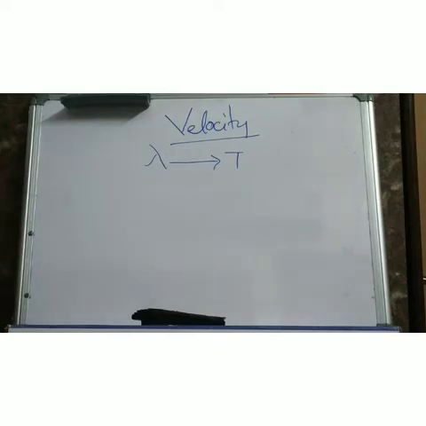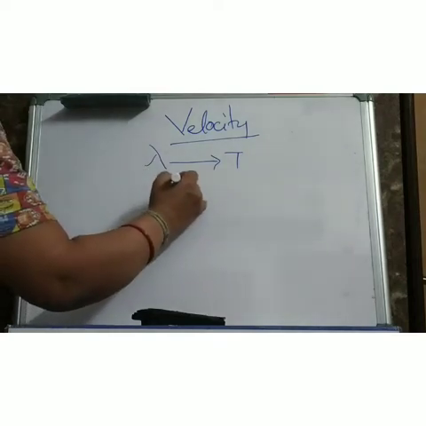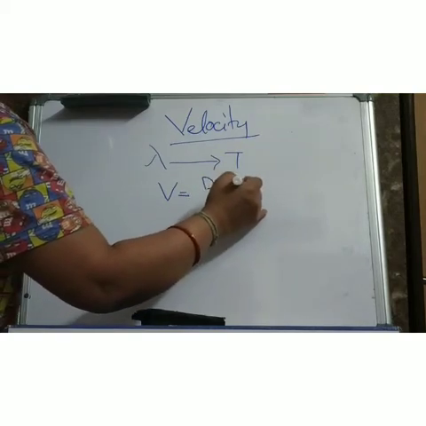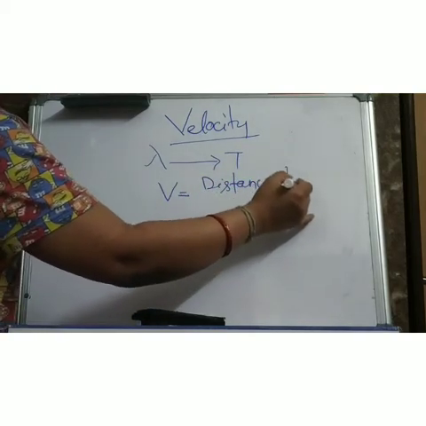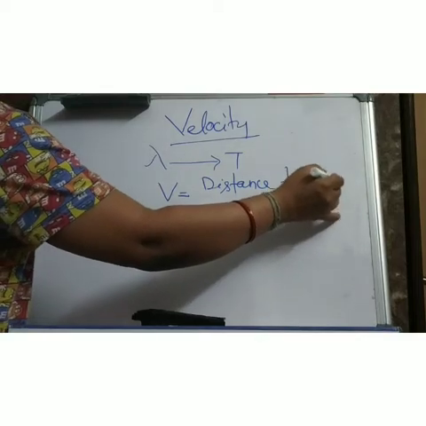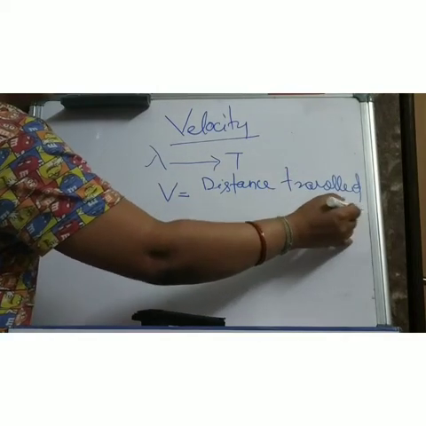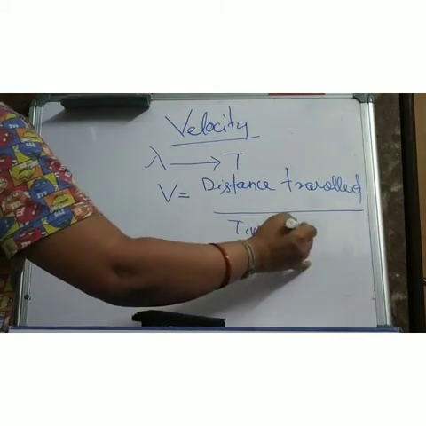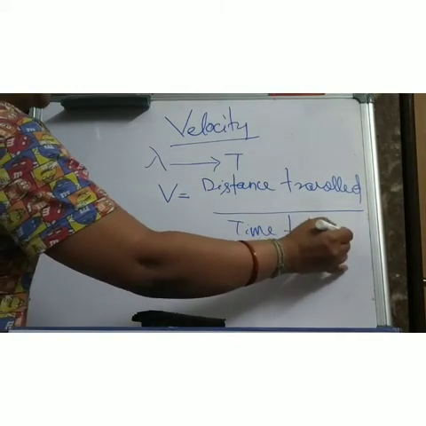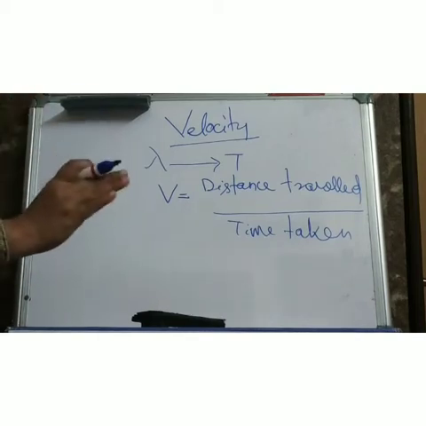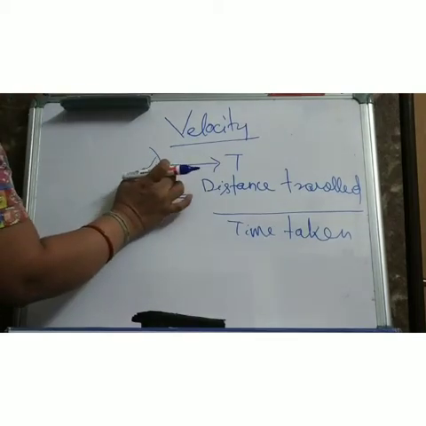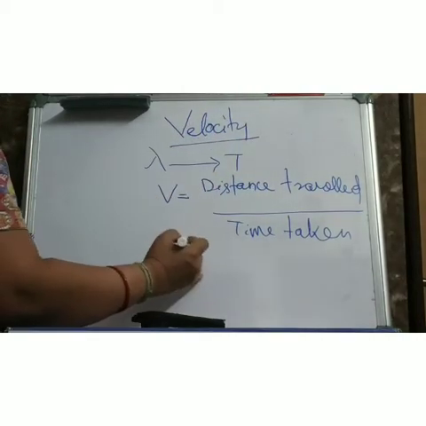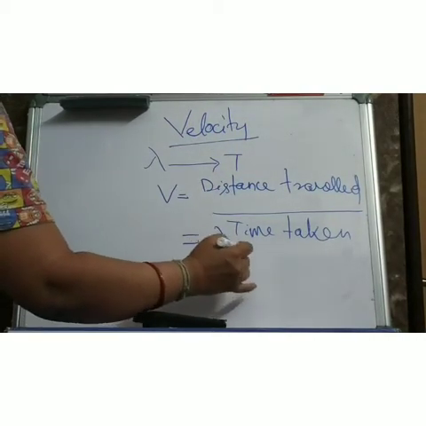Then what is the velocity of the wave? The velocity of the wave will be distance traveled by time taken. So what is the velocity of the wave? It will be lambda by t simply.